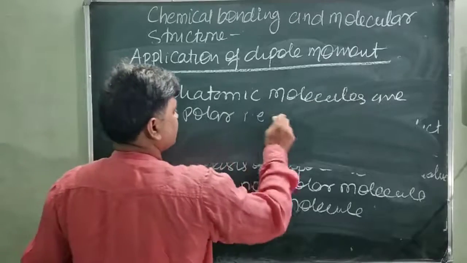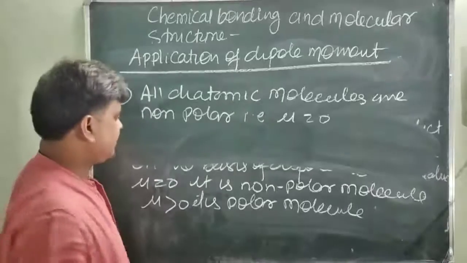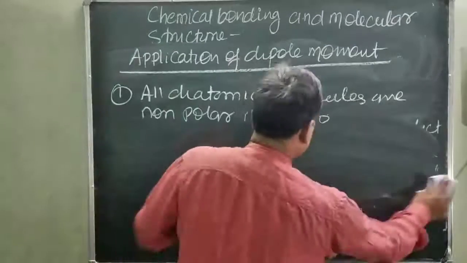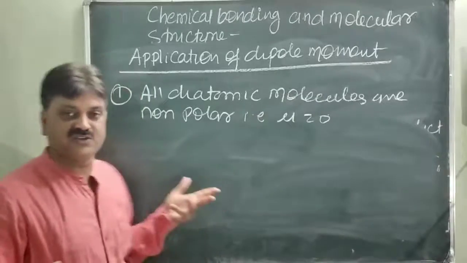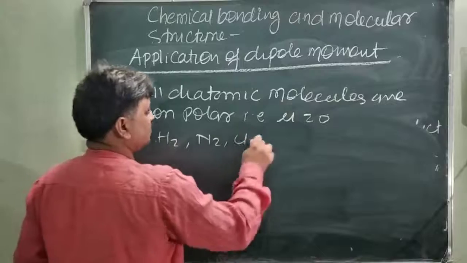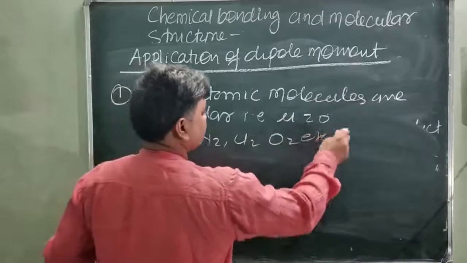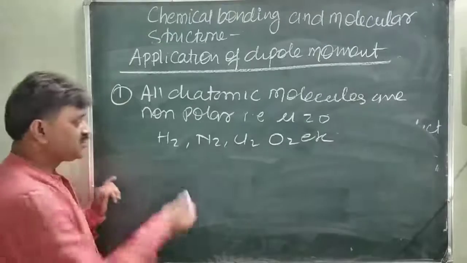Diatomic molecules here mean having the same kind of atoms in the molecule. That is, the mu value is equal to 0, so it is non-polar. Just like in the case of hydrogen, chlorine, oxygen, nitrogen: H2, N2, Cl2, O2, etc. Their dipole moment value is equal to 0. Why 0? It is non-polar.